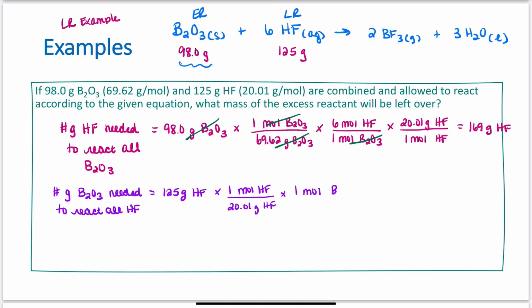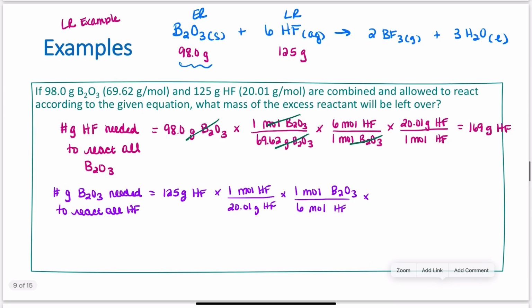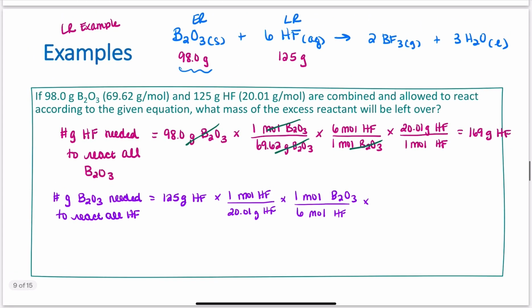The balanced equation tells me that 1 mole of B2O3 reacts with 6 moles of HF, and my molar mass of B2O3 is 69.62 for every 1 mole of B2O3.